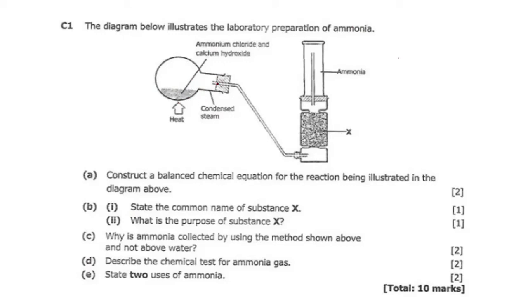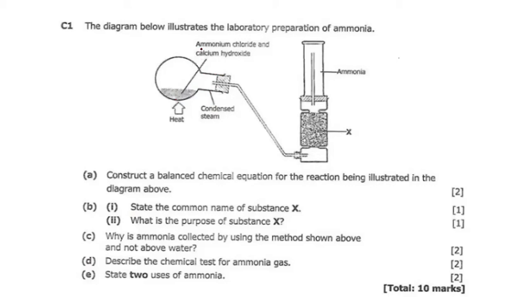To avoid steam from the boiling water returning into this boiling flask, because if steam went backward here, it can cause an explosion. So in case they ask you why this flask is slanted, the reason is to prevent the backward flow of vapor from the boiling water.